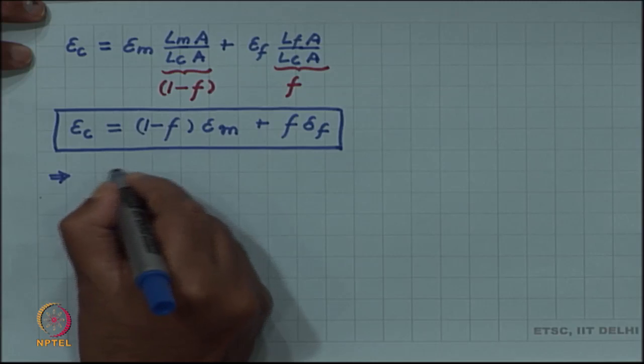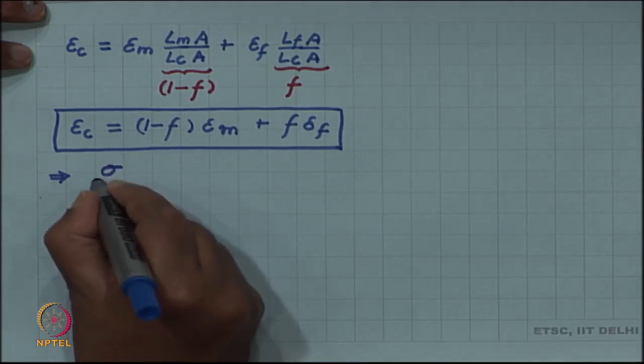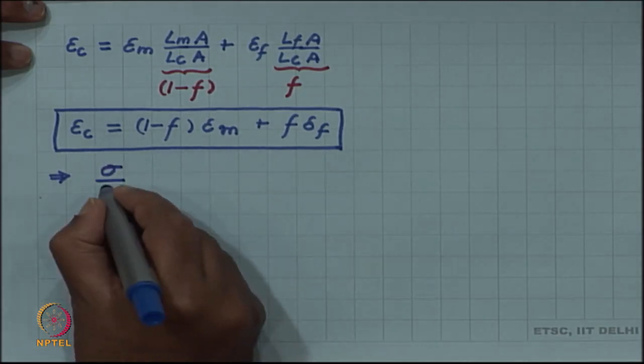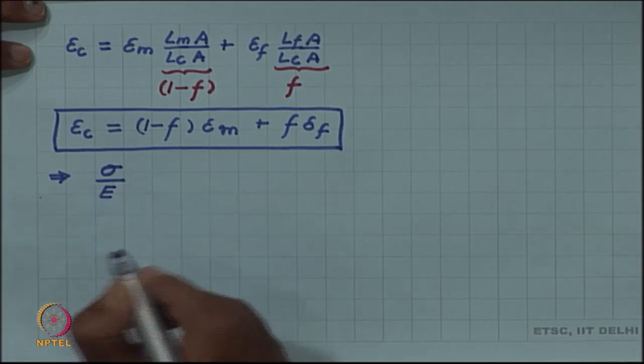For epsilon c we can write stress divided by modulus; stresses are the same, so we use the same stress without the subscript.